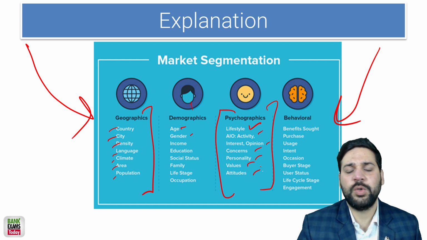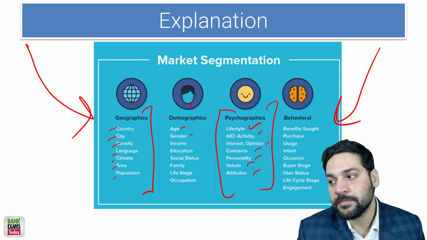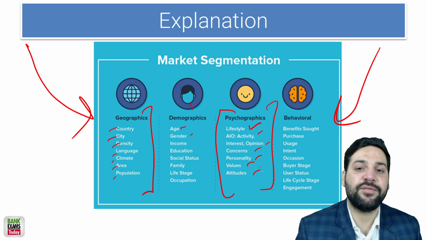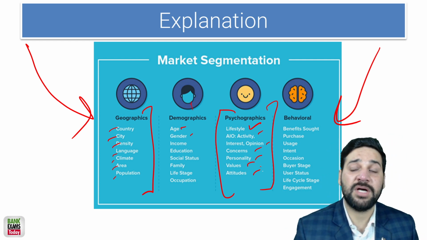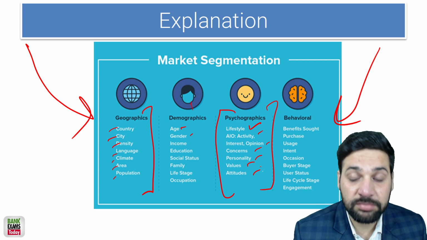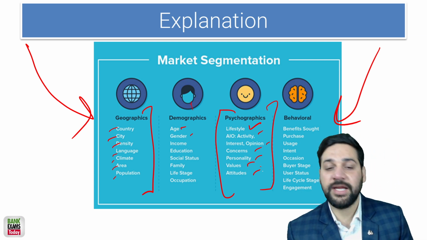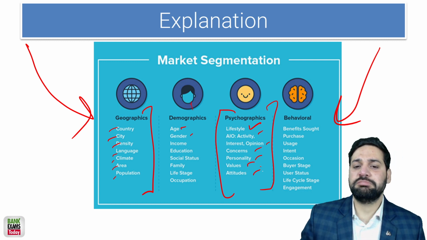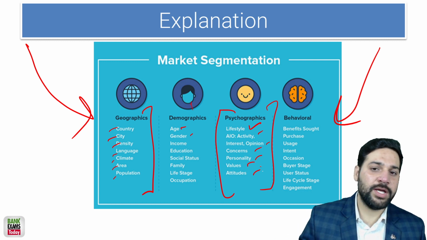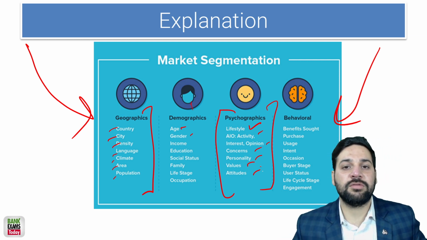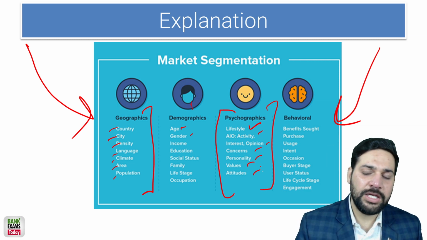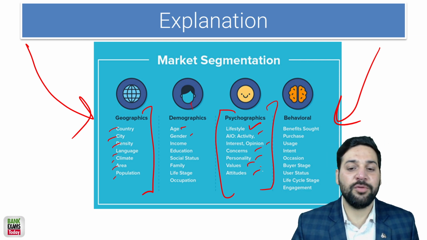For example, I don't really eat fried food, and after 8 p.m., most of the time, I don't prefer to eat. So that is my sort of lifestyle. Activities, where do I go for that, physical activities, whether I go to a gym or an aerobic class or swimming, that is the sort of activities I do. My values, my attitude. So it's all about my psychographics.